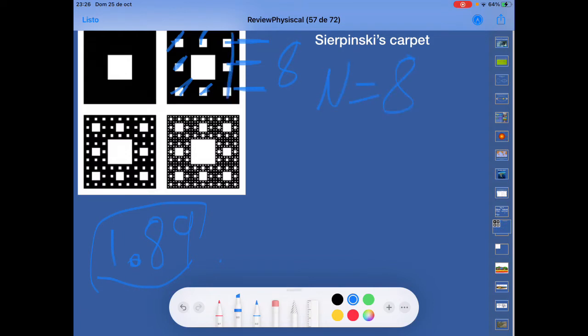And if I only count one side, s equals 3. So if I write log of 8 divided by log of 3, I am going to be getting exactly the same. So it doesn't matter. Perhaps in the exam I will ask you to solve this iteration, or this iteration, or perhaps this last iteration. But they are all solved the same way.